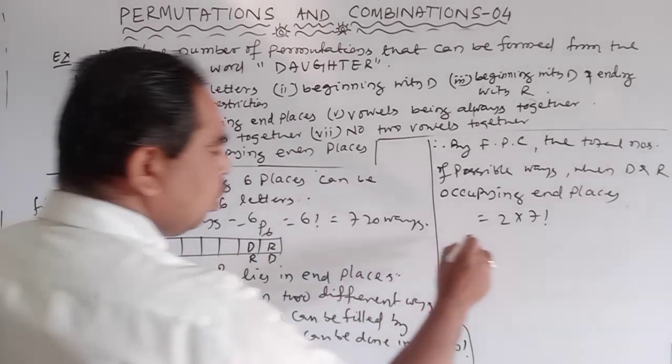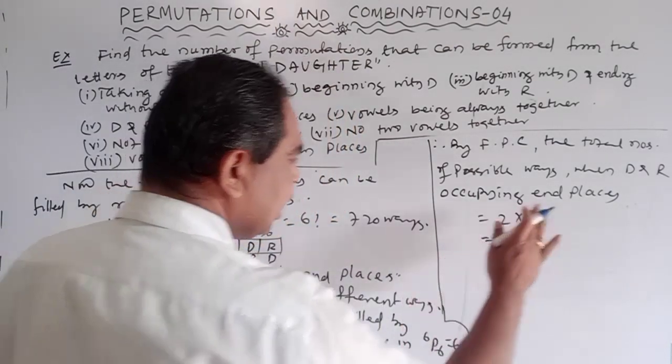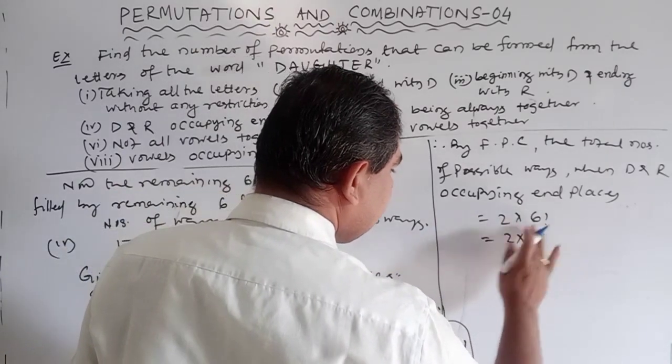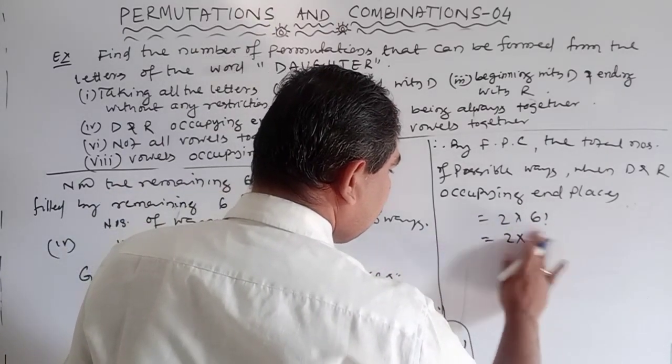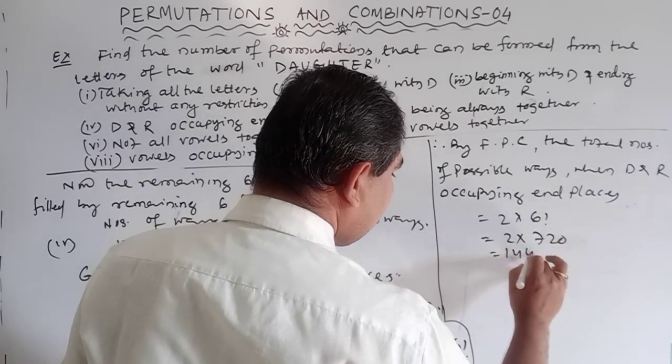Sorry, 2 into 6 factorial, not 7 factorial. So 2 into 720 is equal to 1440.